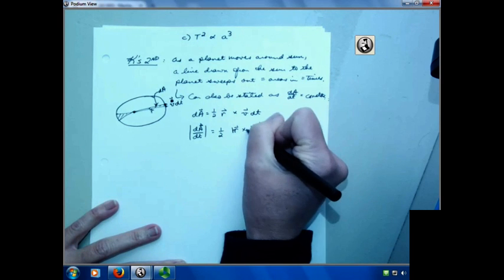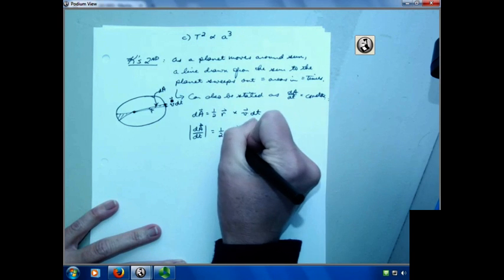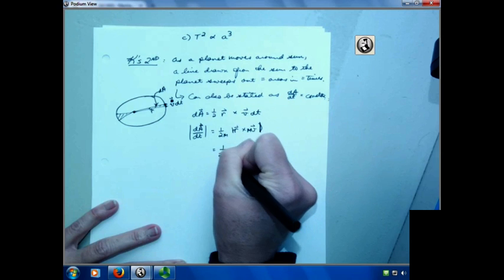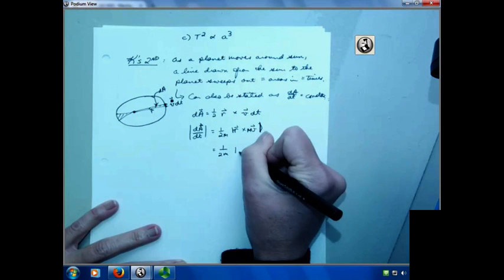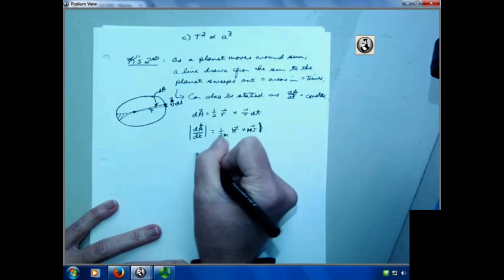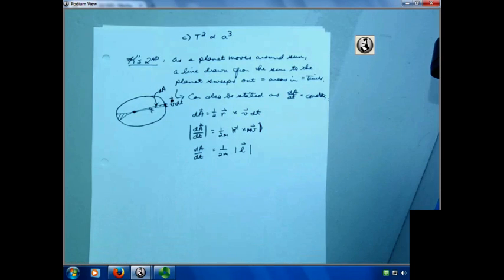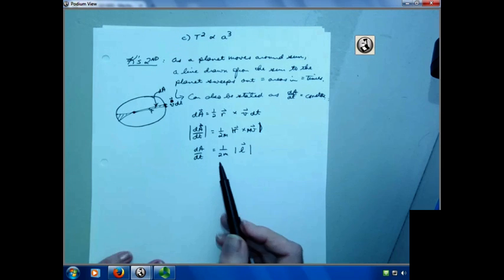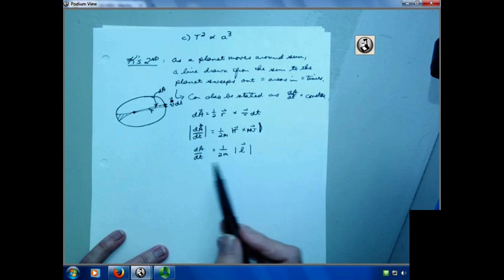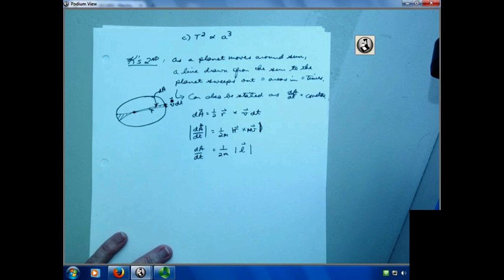I'll put an m in there and an m down here: 1/2m times the magnitude of the angular momentum of the planet, which I know doesn't change with time due to a central force. So in this case, I know for physics reasons that L must be a constant, and therefore the time rate of change of the area swept out by that object is also a constant.